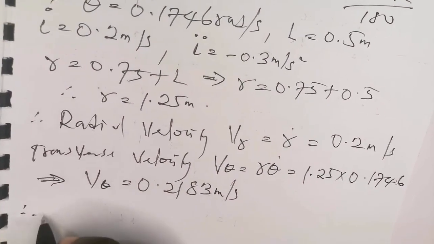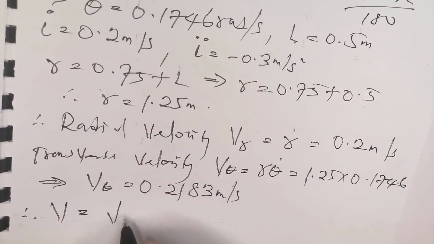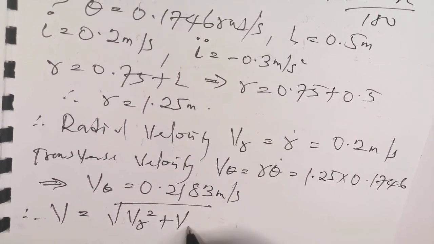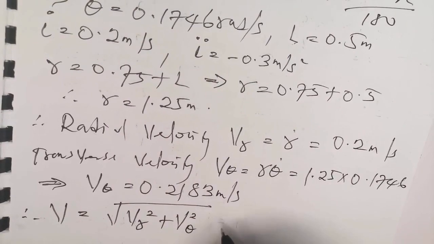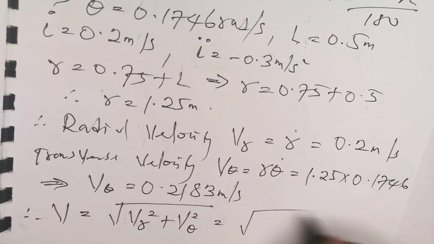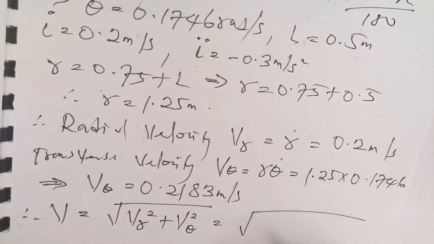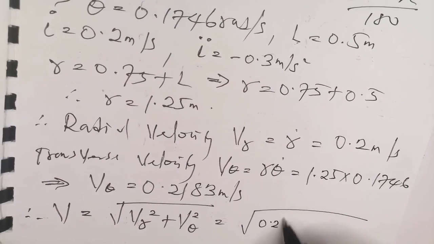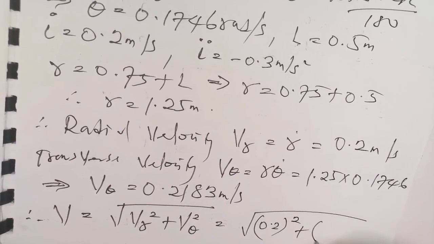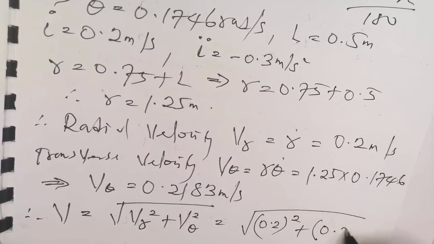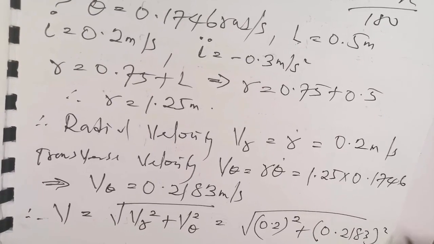Therefore, our velocity magnitude is equal to the square root of the square of the radial component of velocity plus the square of the transverse component of velocity. So this is equal to the square root of radial velocity, which gave us 0.2 meters per second, so you have 0.2 all squared, plus transverse component, which gave us 0.2183, so you have plus 0.2183 all squared.